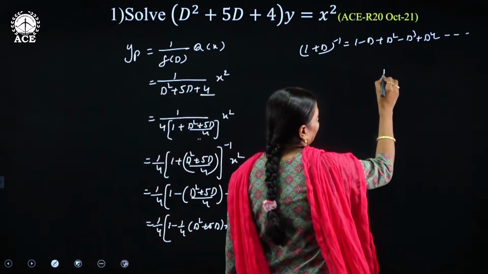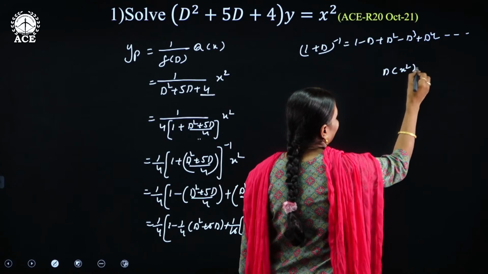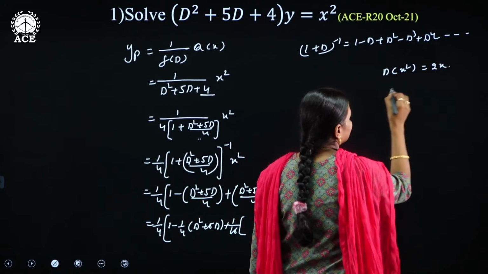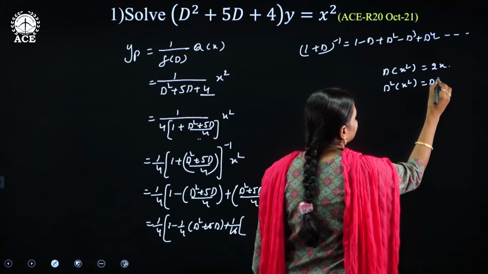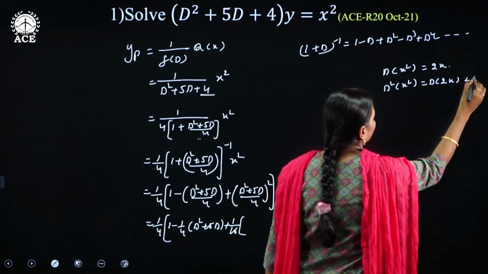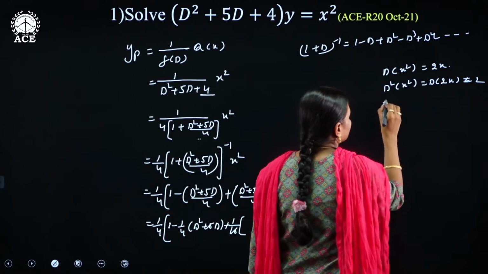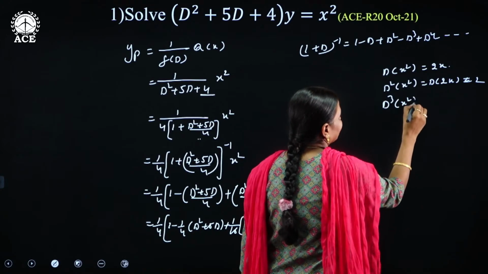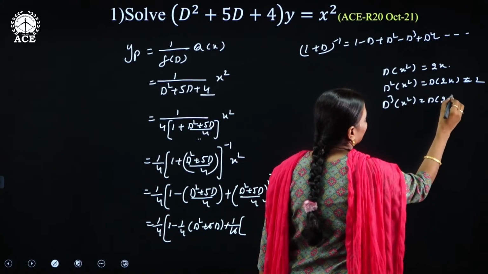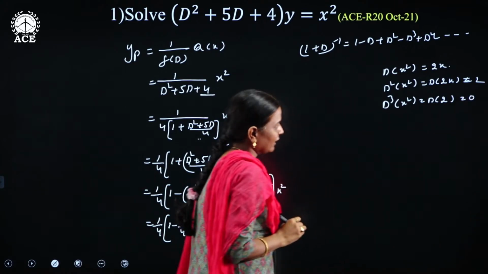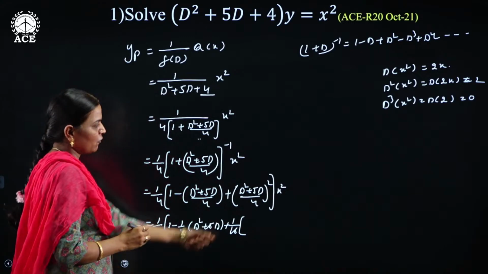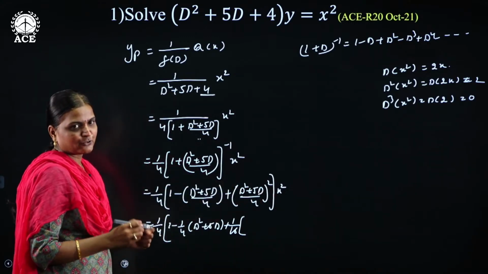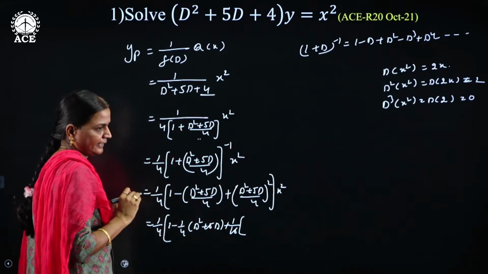First differentiation of x square is equal to 2x. Next, 2 times the differentiation of x square, that is differentiation of 2x is equal to 2. Next, D cube of x square, that is differentiation of 2 is equal to 0. See here, D square whole square, D power 4, so the fourth derivative of x square is 0. So neglect the higher degree terms.